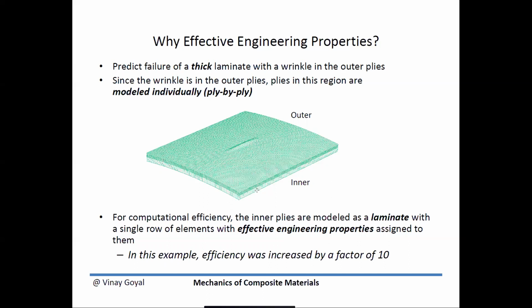Another reason why effective engineering material properties can be of great use is for engineering design. Instead of testing every single combination of stacking sequences, we could determine effective engineering properties using analytical methods that allow us to determine Young's modulus, Poisson ratio, and shear modulus efficiently and without having to test.